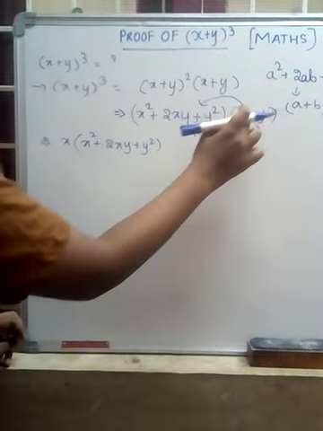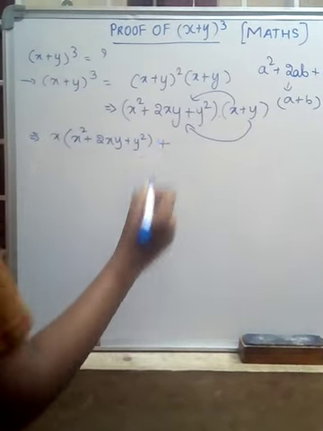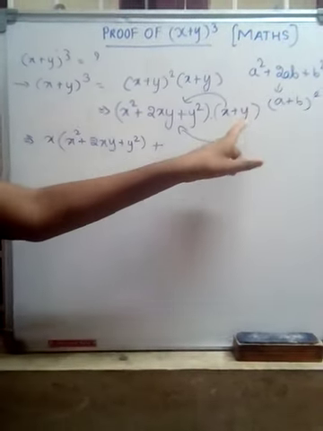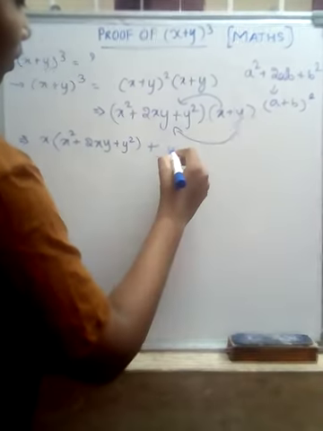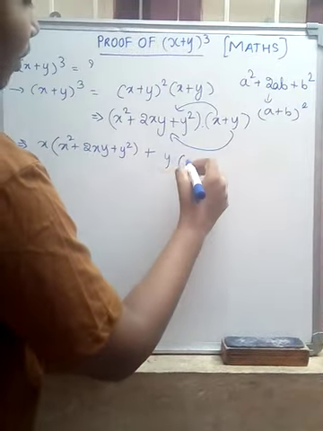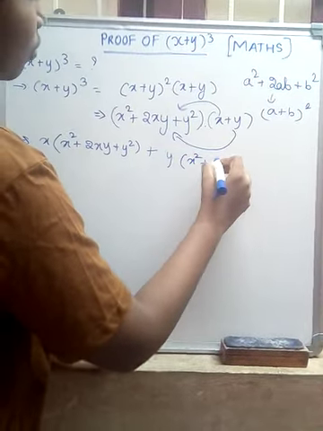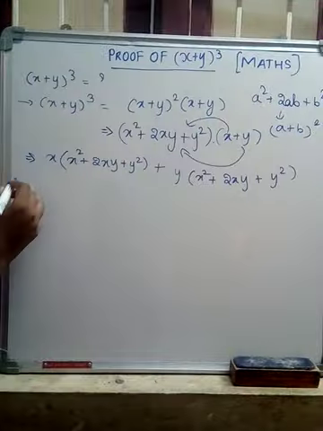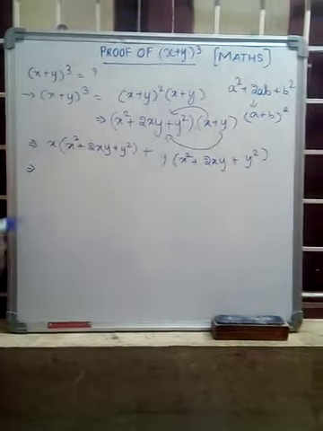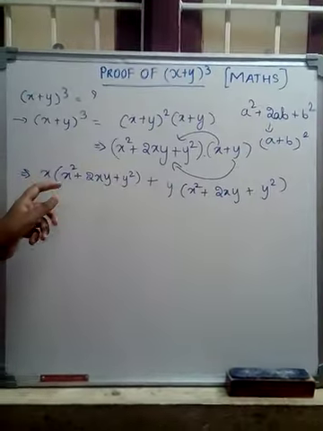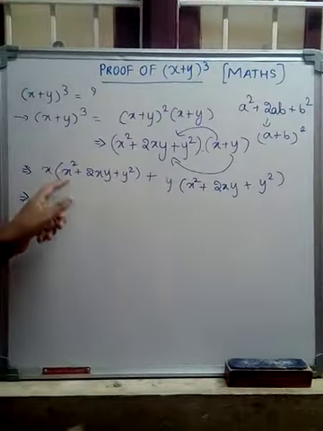So in x plus y, x is multiplied here, plus symbol is there, so plus, again now multiplication with y into the same x square plus 2xy plus y square. Now we have to solve this. Here x into the whole part, x square plus 2xy plus y square.